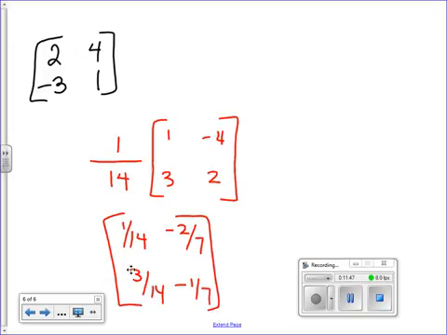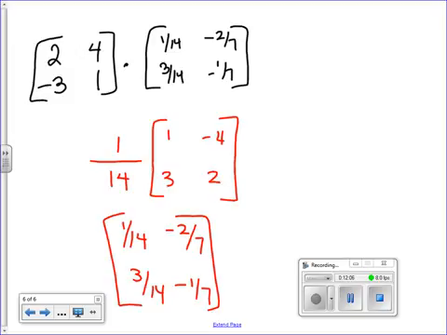Now, here's something really cool. If you multiply a matrix times its inverse, take the time to multiply these together, the original matrix and its inverse.